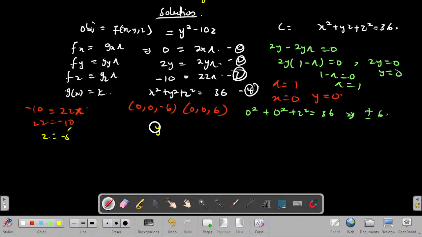I'll have y squared, so let me find the values of y here. Since I know that z is 5, y squared plus 25, y squared is going to be 11, y is equal to root 11.